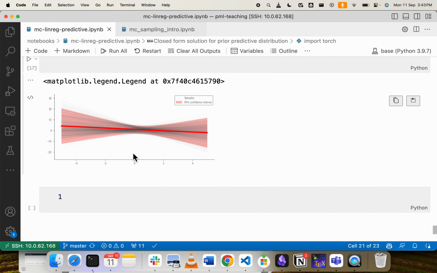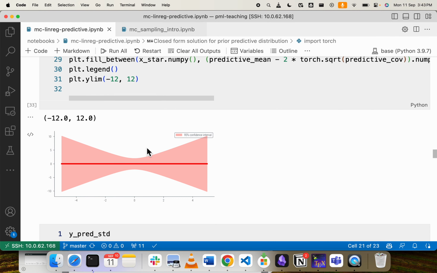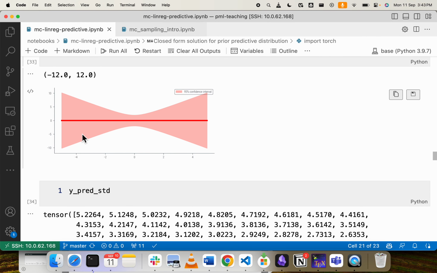And if I do this, I obtain a slightly different kind of prior predictive distribution, right? So now you can see that there seems to be some specific bias. It's not symmetrical about x equal to 0. There seems to be a change somewhere else, and there seems to be a downward slope. Whereas for the previous case, we saw that y equal to 0 is the mean.